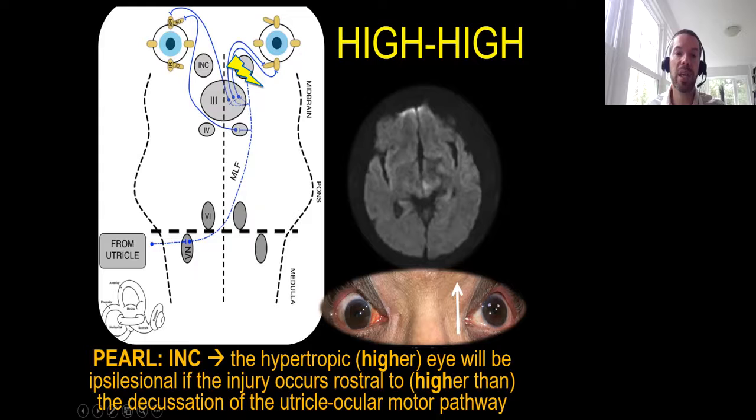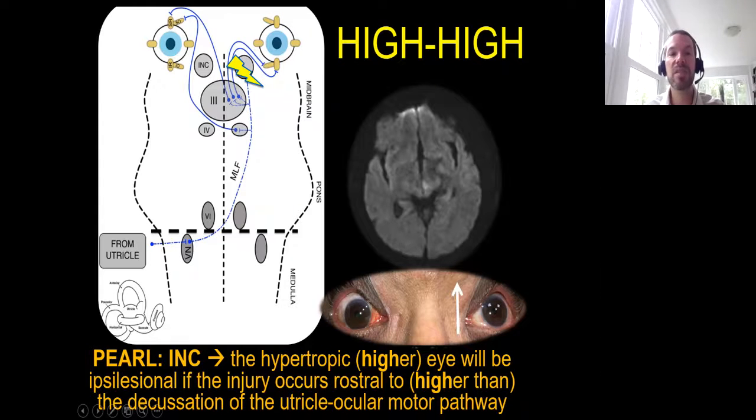We're in the INC, we're in the MLF, it doesn't matter. The higher eye is going to be ipsilateral to the side of the lesion, higher than the decussation, but it's going to be all about the company it keeps. If you have a skew deviation from an MLF lesion, you are almost always going to see an internuclear ophthalmoplegia on the left side in this case.